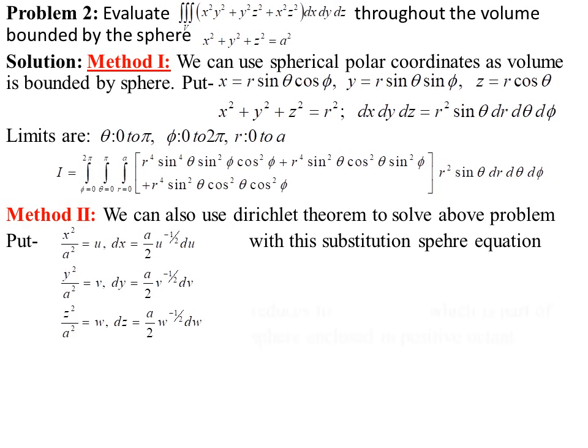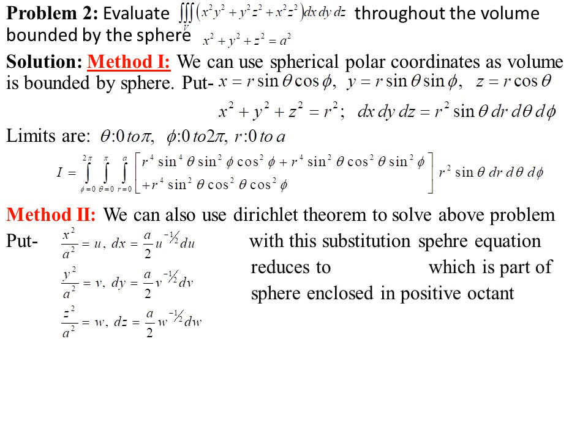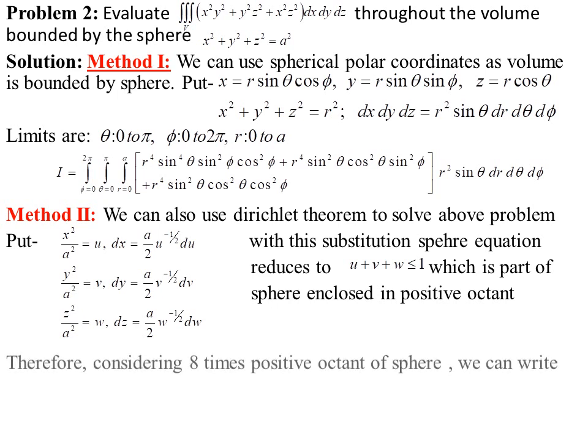So with this substitution, the sphere equation reduces to u plus v plus w less than or equal to 1, which is the part of the sphere enclosed in the positive octant. So we have met one condition of the Dirichlet theorem, but this part gives us only the positive octant part of the sphere.